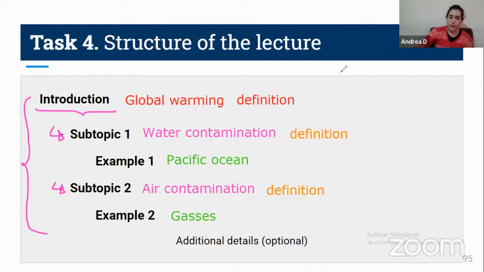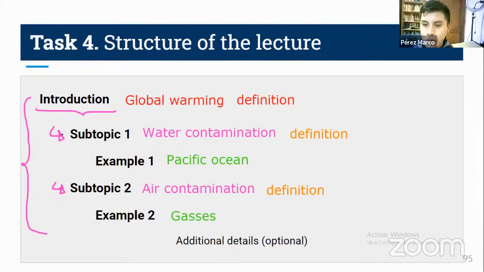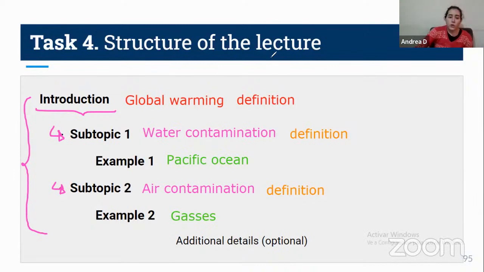Okay. Yes, Marco? So in which part do we have to take notes? Okay, great question. So you are supposed to take notes the whole time that you're listening to the lecture. So you could take notes of everything. My advice, try to take notes only on these elements.